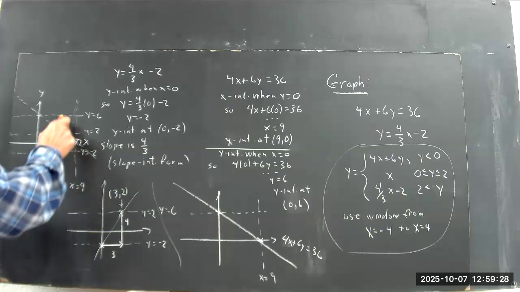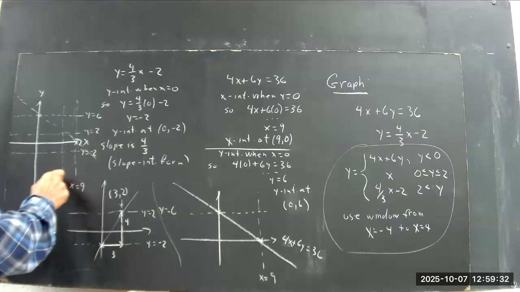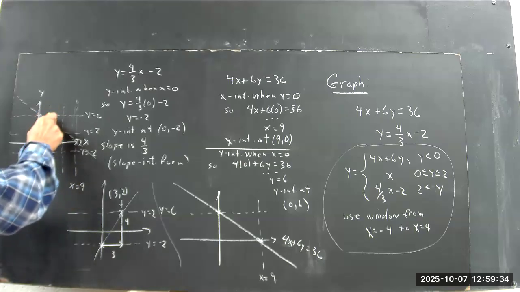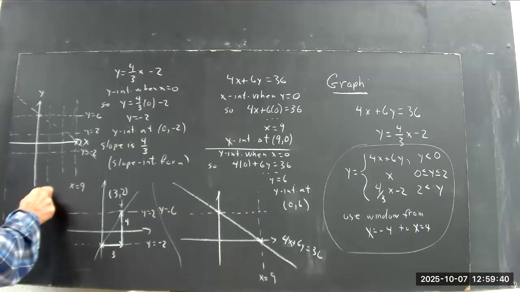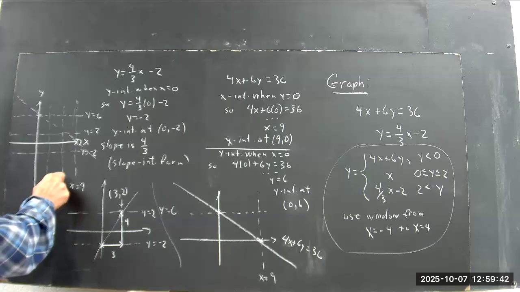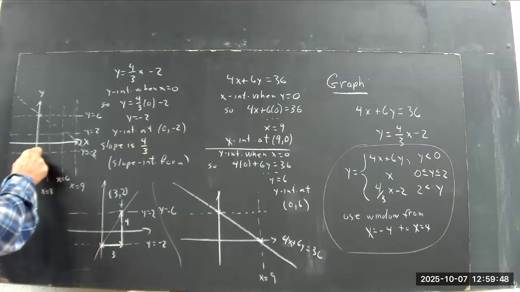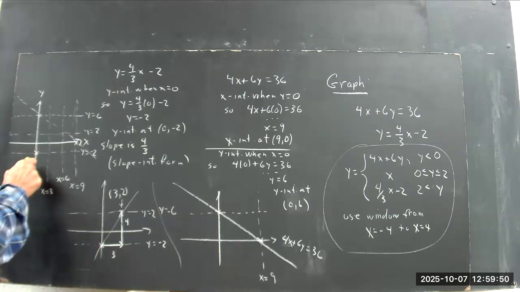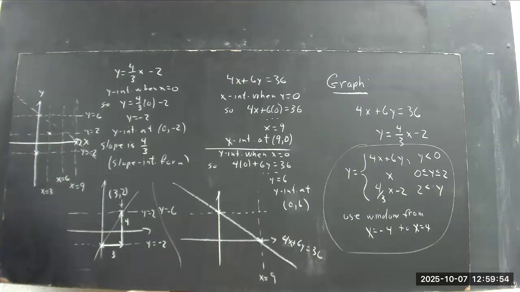So if I divide the interval between 0 and 9 into 3 more or less equal parts, this will be the line x equals 3. This will be the line x equals 6. And now I can put the point -2, 0 and the point 3, 2 on the graph.